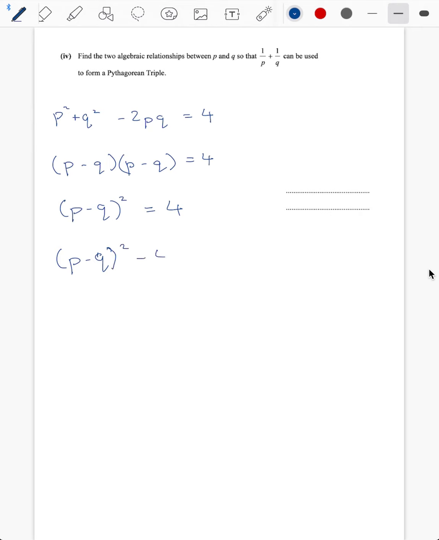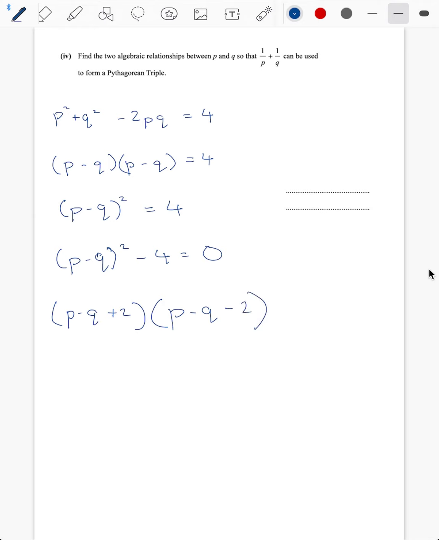which means p minus q squared minus 4 is equal to 0. And now we have the difference of two squares, so we can factorize this again. So I would call this p minus q plus 2, p minus q minus 2.